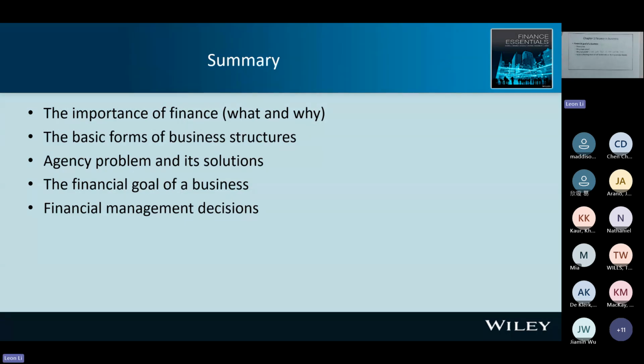Our next topic is the financial goal of a business. We have many goals for business, but in finance, our focus is share price. Why do we use share price? Because share price can reflect all the factors, everything, right? And why not use profit?